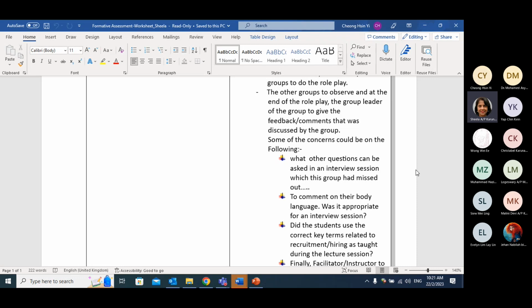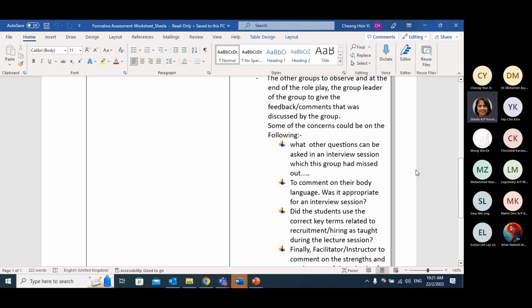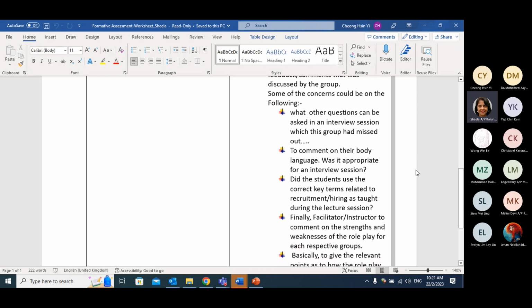Some of the concerns could be: what other questions can be asked in an interview session which the group had missed out? To also comment on the body language, was it appropriate for an interview session? Did the students use the correct key terms related to recruitment or hiring as taught during the lecture session?